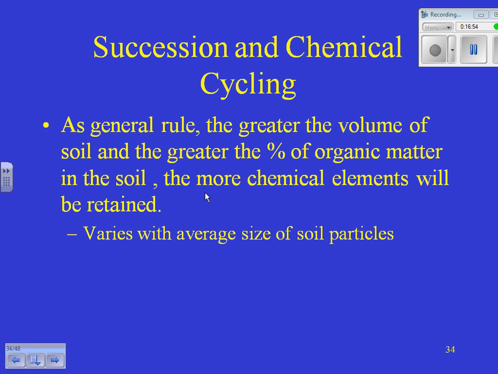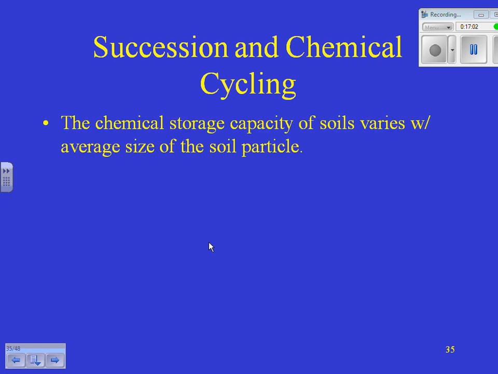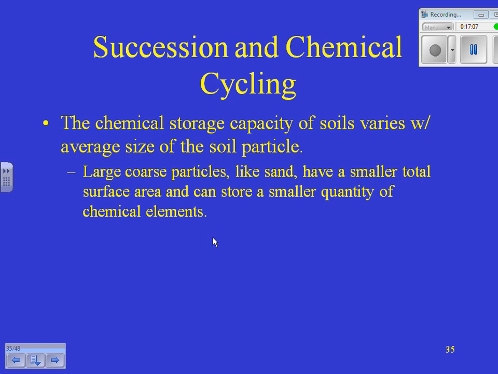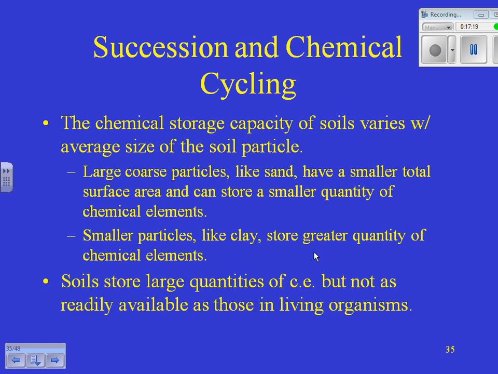So the general rule is that the greater the volume of soil and the greater the percentage of organic matter in the soil, the more chemical elements will be retained, with less erosion. This varies with the average size of soil particles as well. Looking at the chemical storage capacity of soils, large particles like sand have a smaller total surface area and can store a smaller quantity of chemical elements.